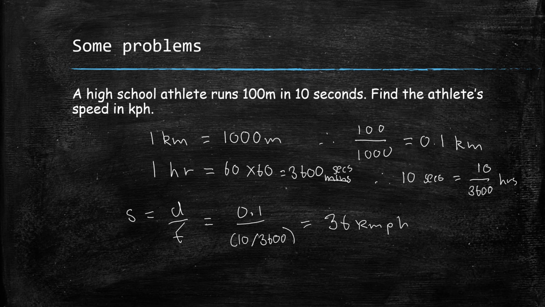Therefore, the speed of the athlete in kilometers per hour is 36 kph.